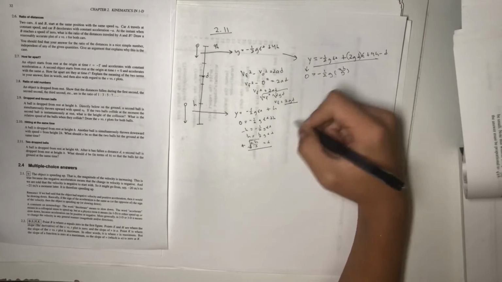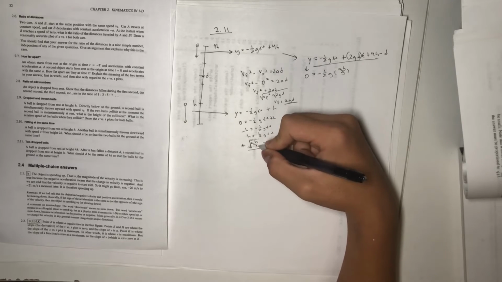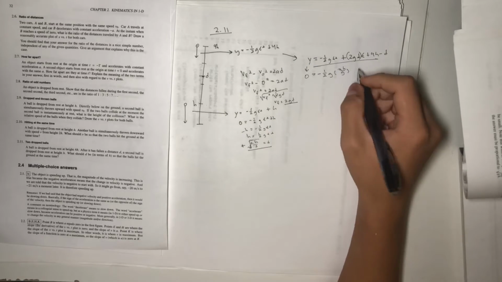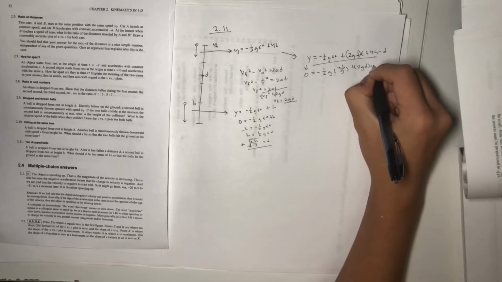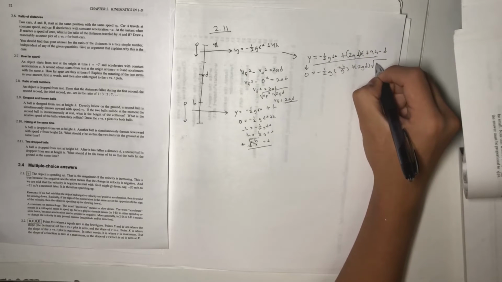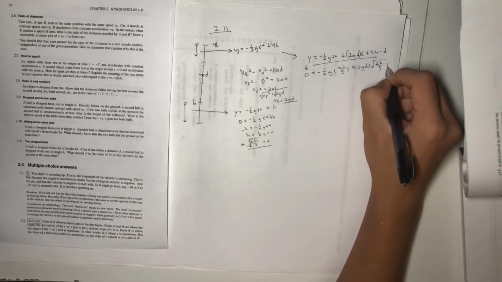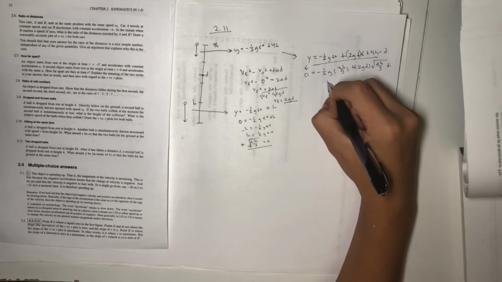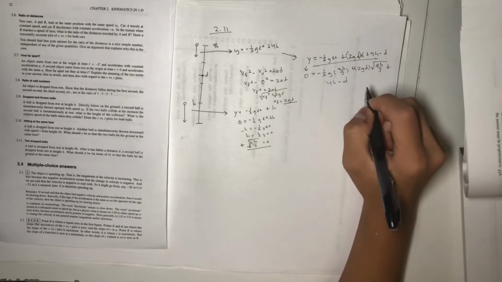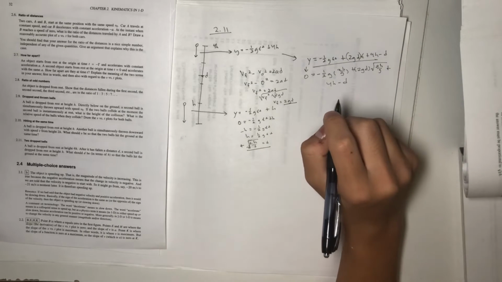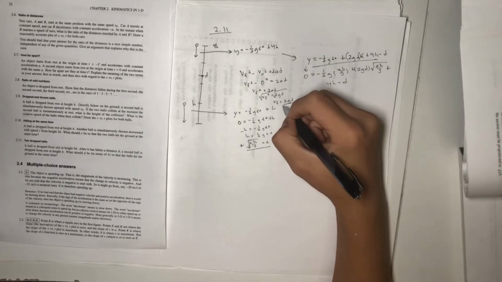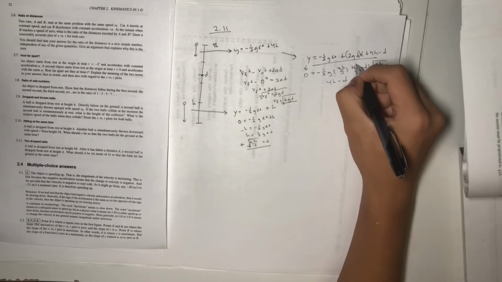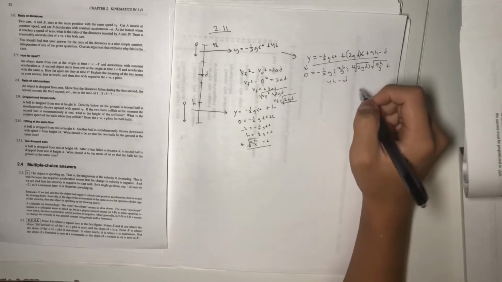I put 2h over g because I squared the radical 2h over g for time, plus root 2gd times radical 2h over g plus 4h minus d. Oh, actually, hold on. This actually should be radical 2gd. Just realized. Yeah, it looks way better.